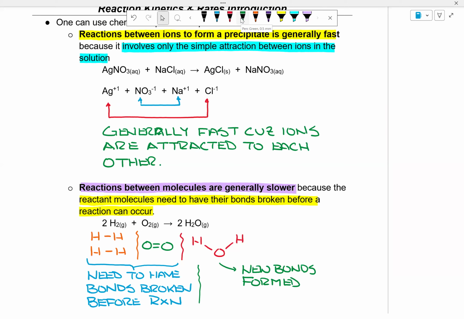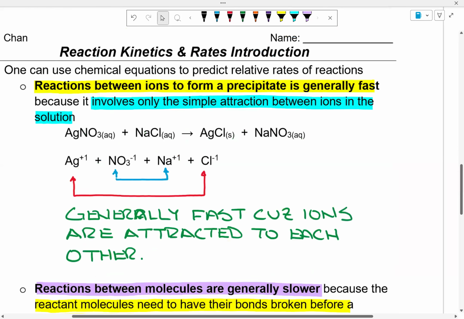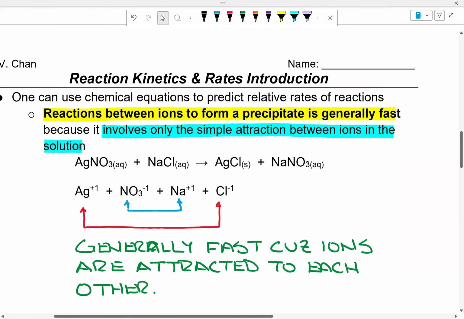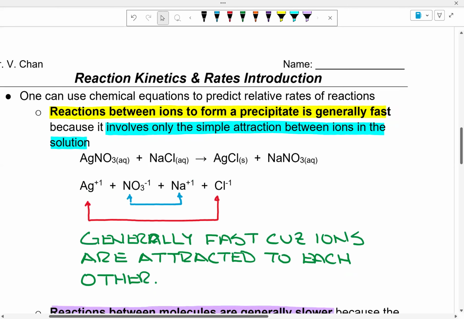Now, an example you could think of is like this. When I take a look at the reactions between ions to form a precipitate, you could think of that as almost like dating. When you like somebody and somebody likes you, and you're not attached, simple attraction for you folks to form a couple is a lot more straightforward and generally a lot faster.